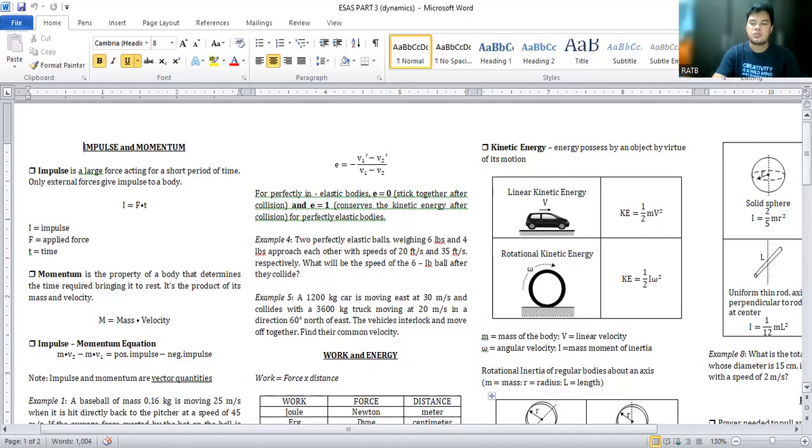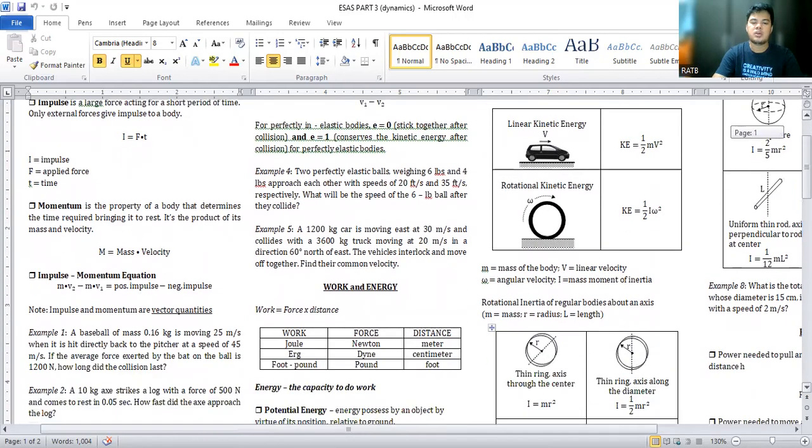So we'll try to use the concept of conservation of momentum for problems number 4 and number 5. Let us dwell now on number 4 and number 5. For example number 4, you have two perfectly elastic balls.